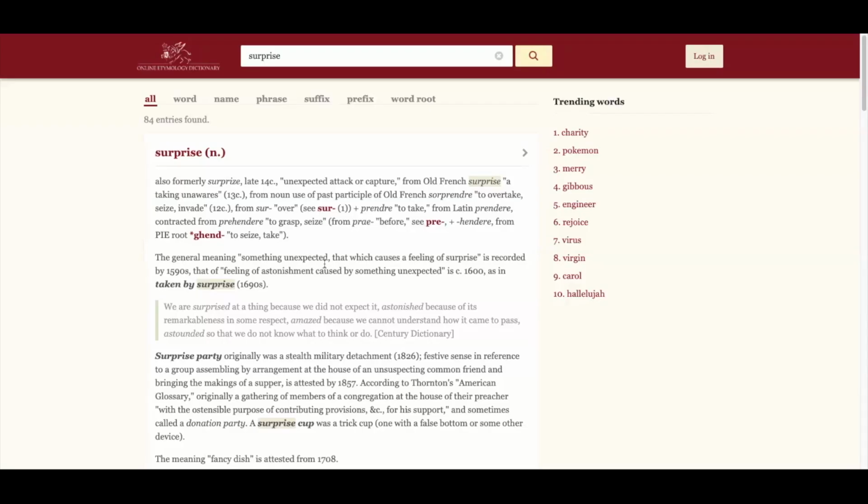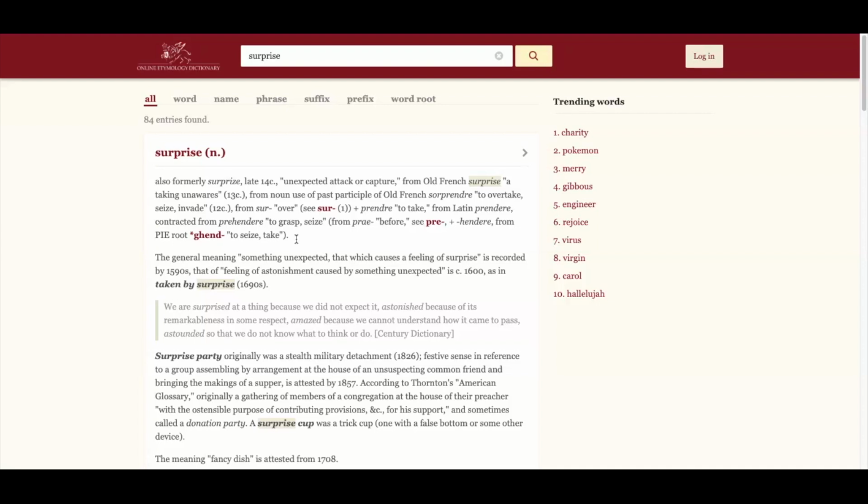So this is one of those words where you look at the two parts and you go, what does that have to do with anything? But it's the original meaning or sense of the word where it makes the most sense. So that means it's SUR plus PRISE, rewritten as SURPRISE.